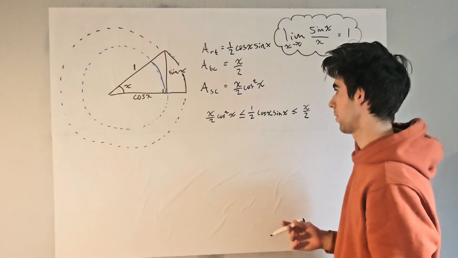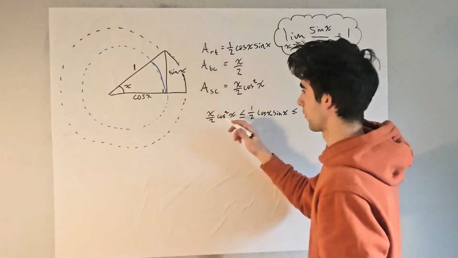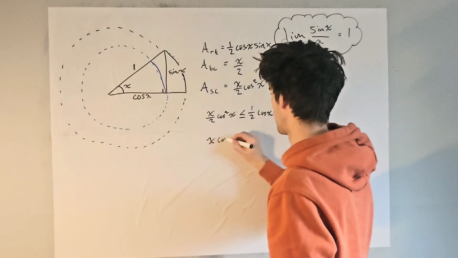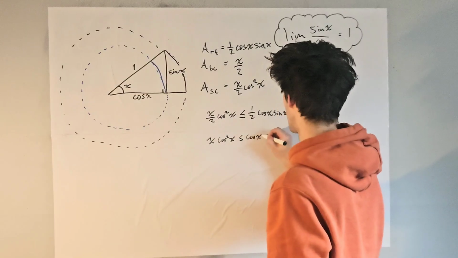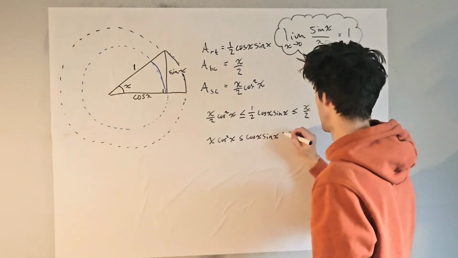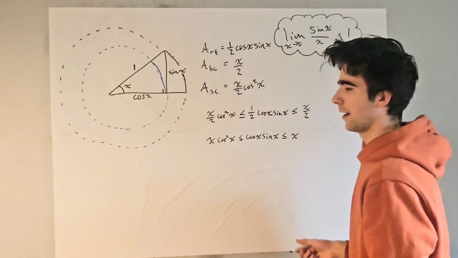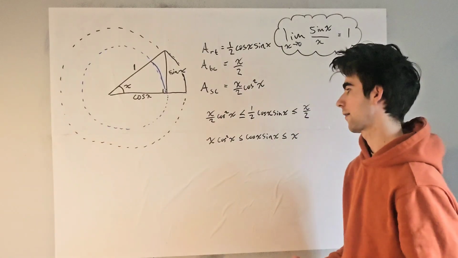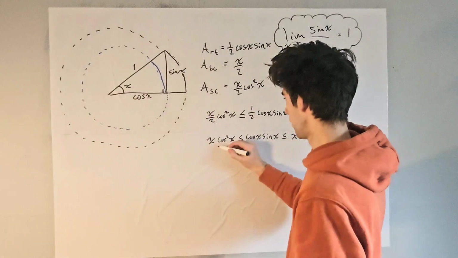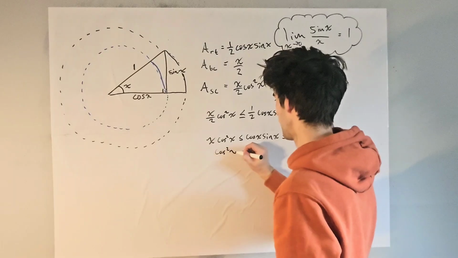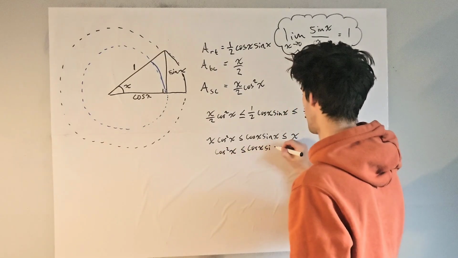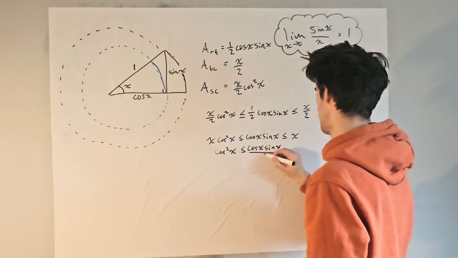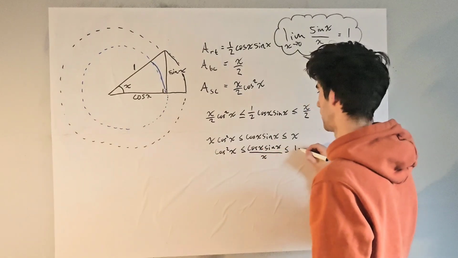Now let's multiply everything by 2 so that these all go away. We're going to get x times cosine squared of x is less than or equal to cosine of x sine x, which is less than or equal to x. And now let's divide everything by x so that these x's go away. We're going to get cosine squared of x is less than or equal to cosine of x sine x over x, is less than or equal to 1.